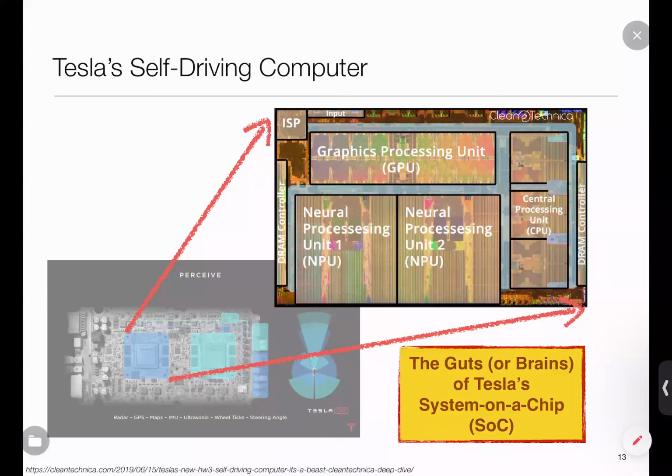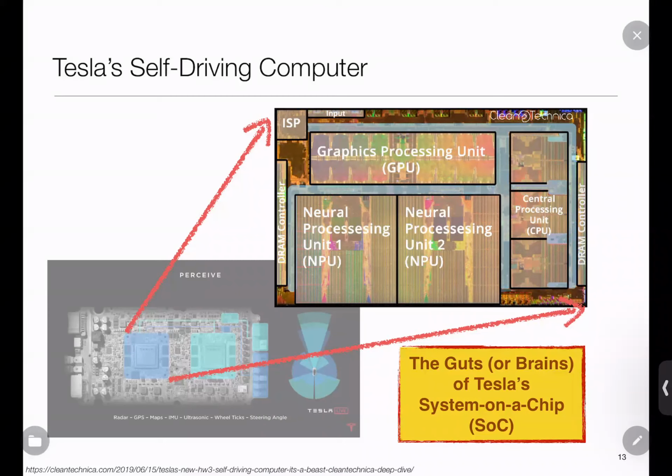You have neural processing units, which are dedicated to that. And then there is a classical CPU, a normal computer. So these are what are referred to as system on chips.